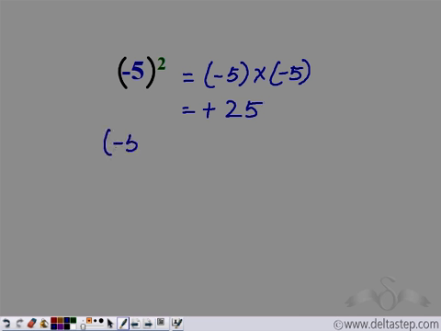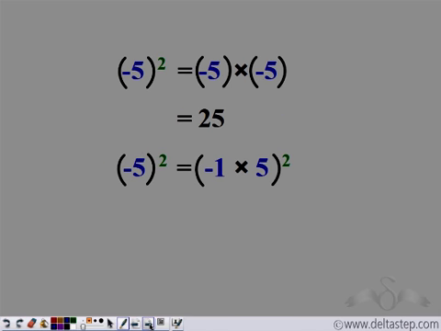Now negative 5 to the power 2 can also be written as negative 1 into 5 whole to the power 2. So it can be written in this manner: negative 1 into 5 whole to the power 2. Now this is in the form of A into B to the power n, so we can write it as A to the power n into B to the power n.